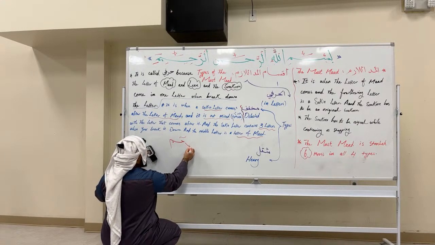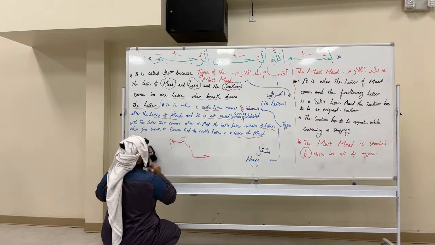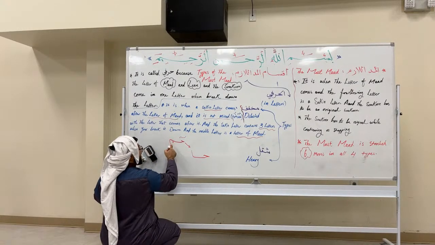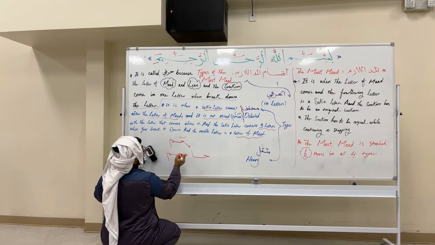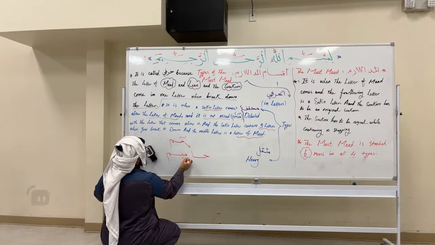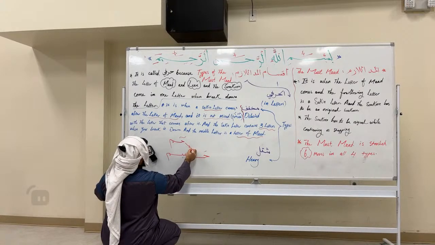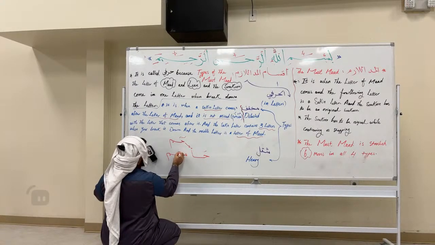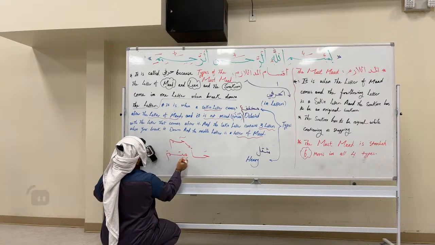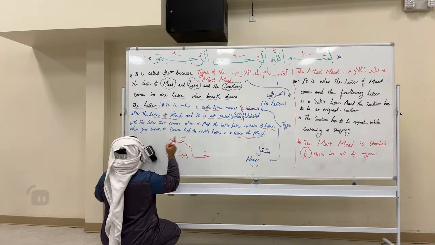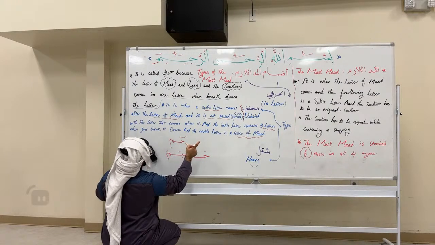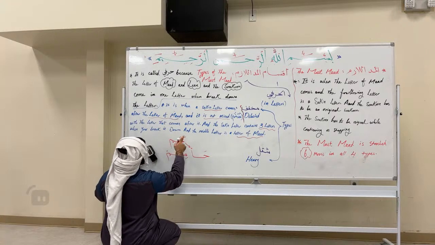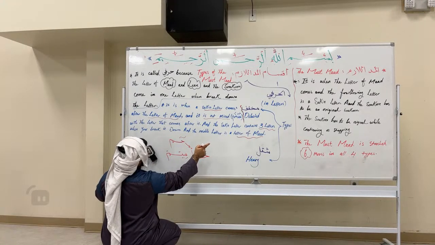You break the ha, and then you break the meem. When a second letter comes after the letter of madd, and it's not mixed, meem comes after, and the second letter contains 3 letters.